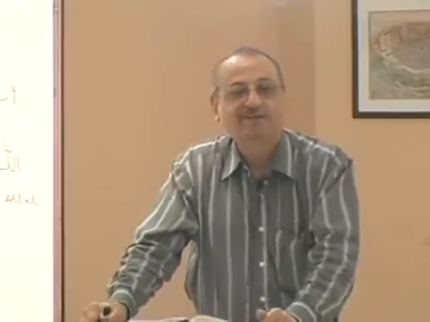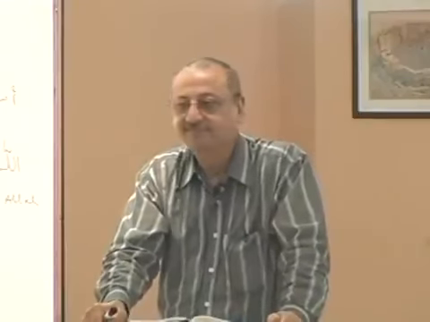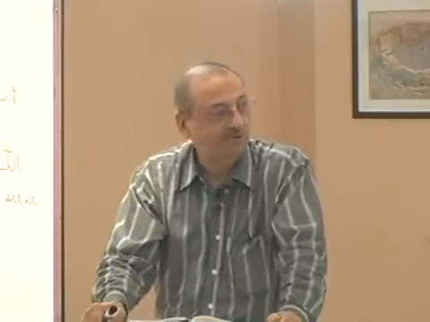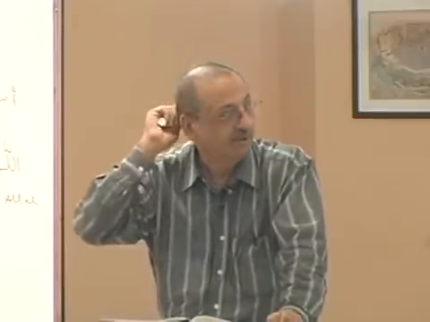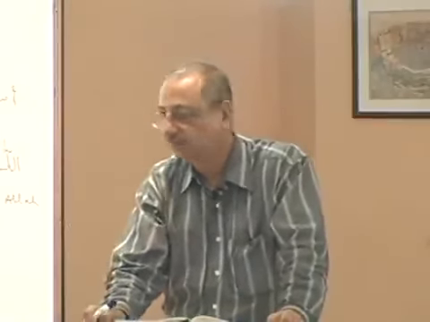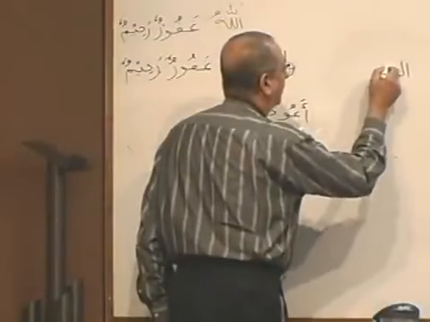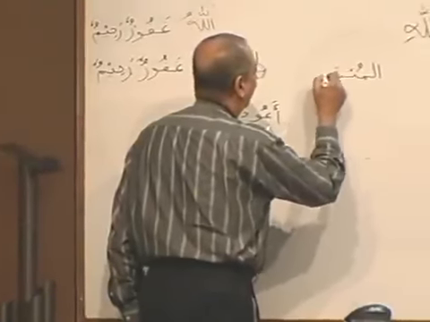What do we call subject in Arabic? So you are going to learn that. But if you do not retain it today, don't worry. It will come to you slowly. Subject in Arabic is called al-mubtada.